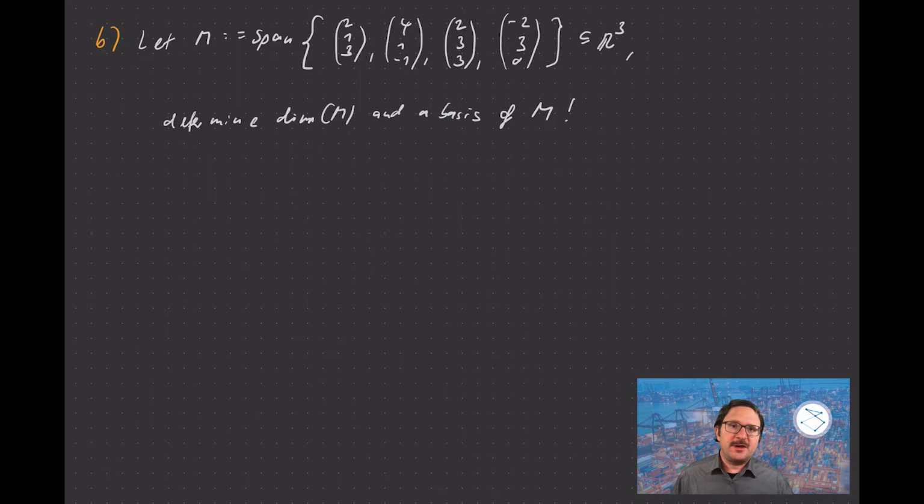M might be the same as R3, or M might also be smaller. So it could be 2-dimensional, it could be 1-dimensional, probably not 0-dimensional. And it could be 3-dimensional, of course. We don't really know what is the case at this point. But we do know that from these 4 vectors, we can eliminate at least one, maybe more.